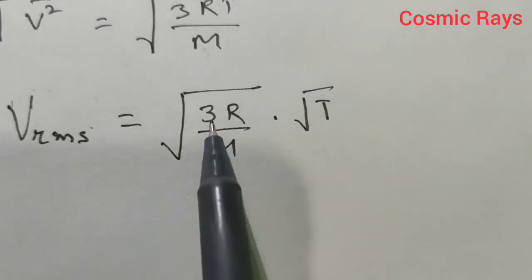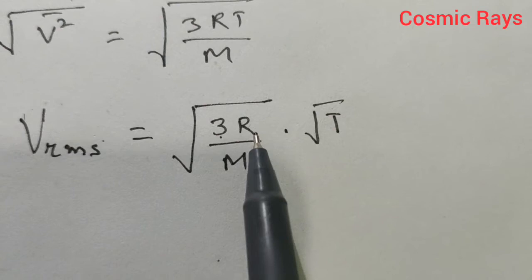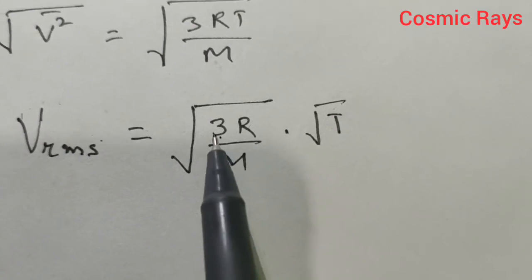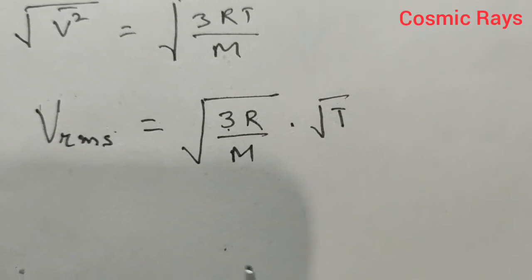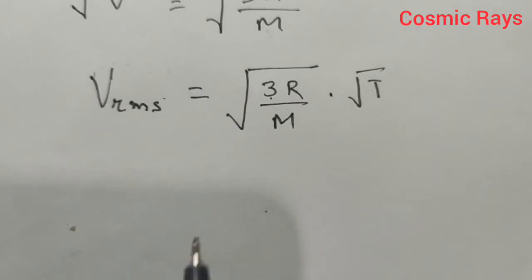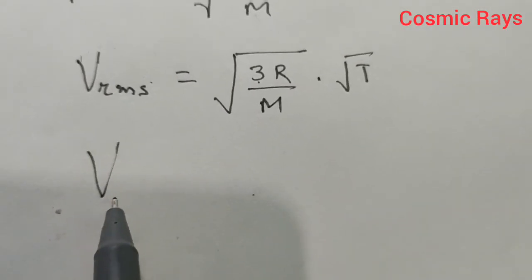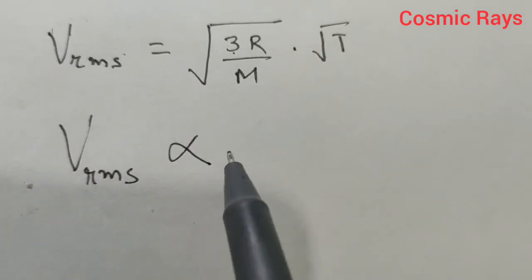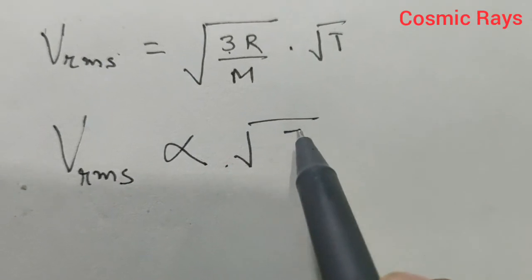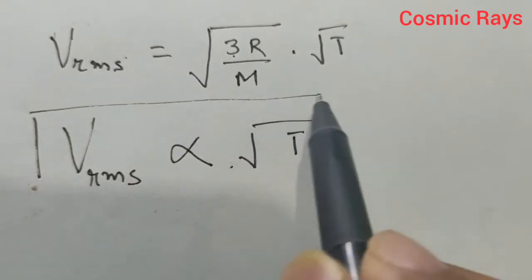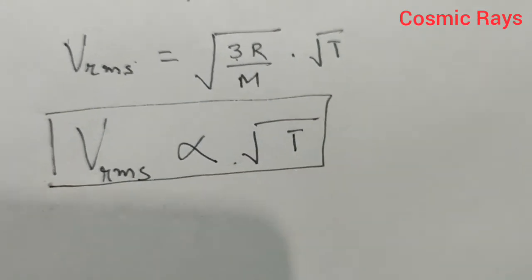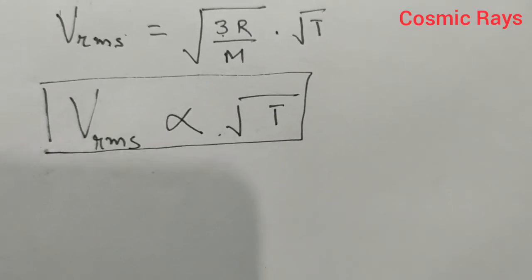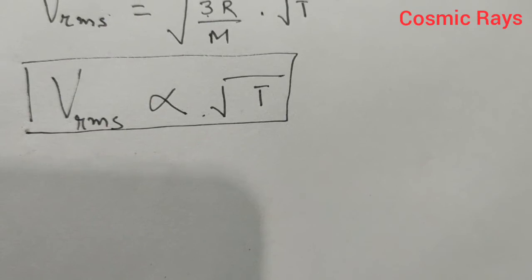Because 3 is a constant, R is the universal gas constant, M is the molecular weight. So all these three terms are constant. So I can modify the equation as V RMS is directly proportional to square root of the temperature.